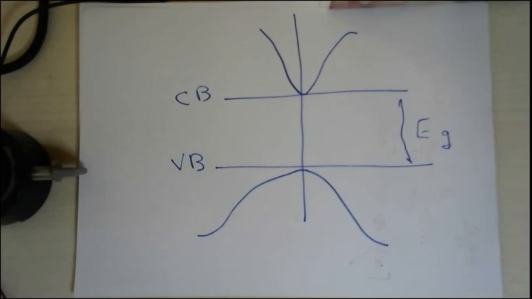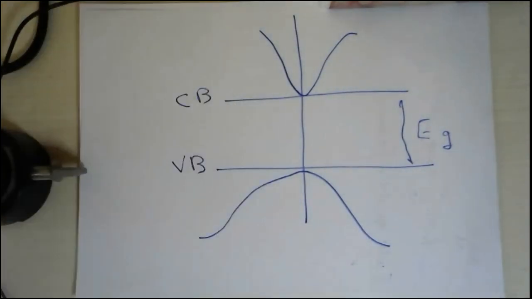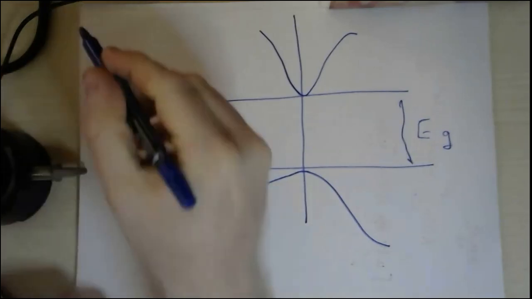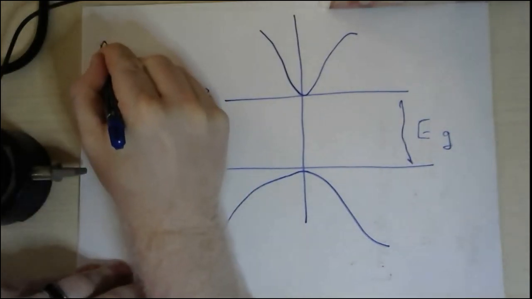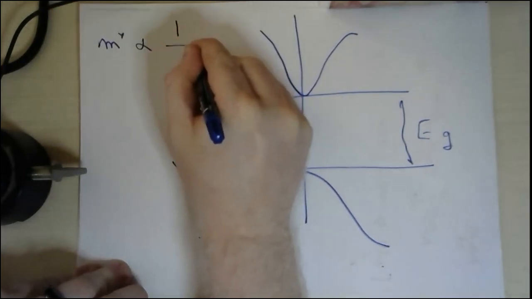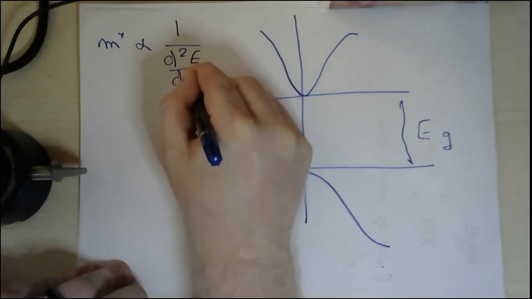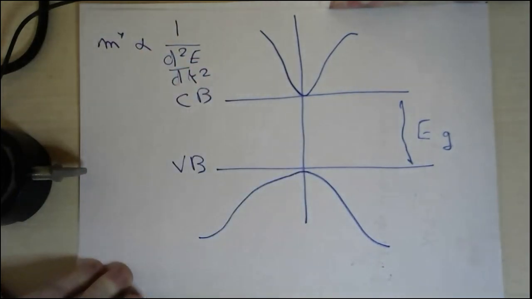Let's start with the electron, and let's do the same exercise we did in part number 2. We know that the effective mass is inversely proportional to the second derivative of the E-k diagram.